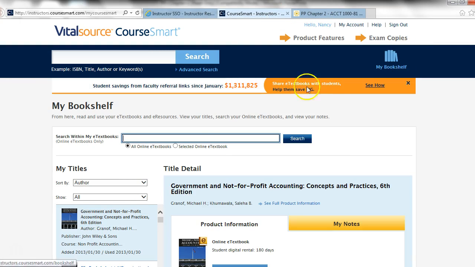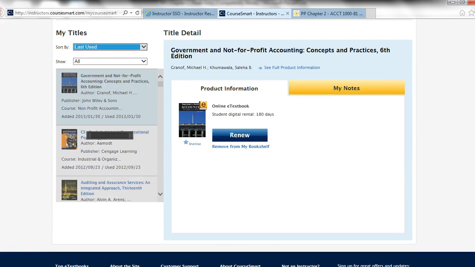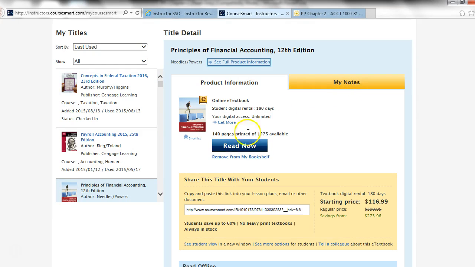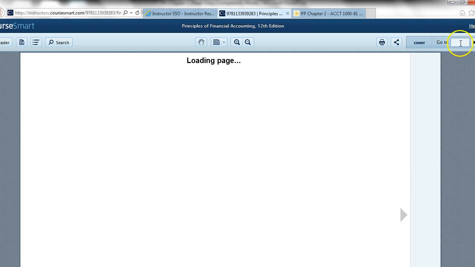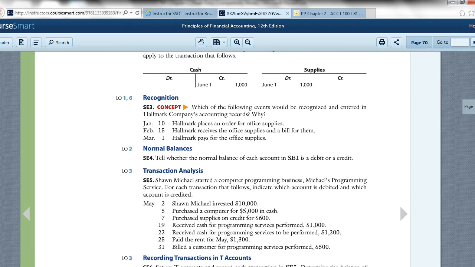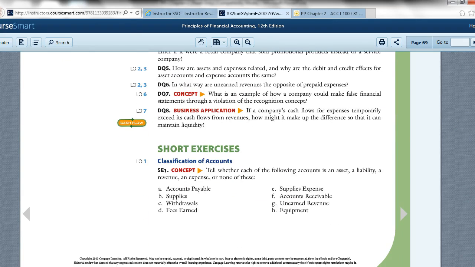So let's look at, it's around page 70 something. Let's start with SE1.